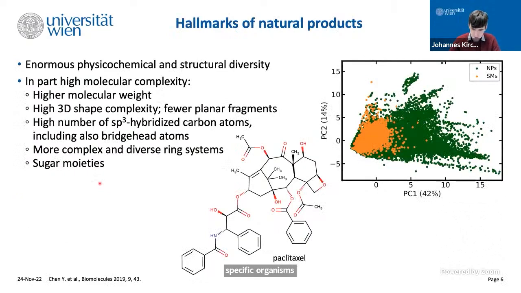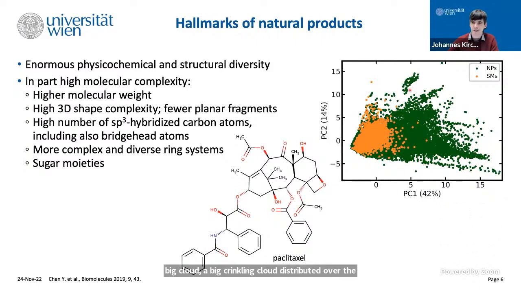Now, if we want to work on natural products, then we are facing several challenges. First of all, as a big plus, of course, natural products have an enormous variety of physical, chemical, and structural properties. So we see here a comparison. This is a principal component analysis, which is based on very simple physical chemical properties like log P, molecular weight, hydrogen bond donors, etc. And what you see here at first instance is a big clean cloud distributed over the whole range.